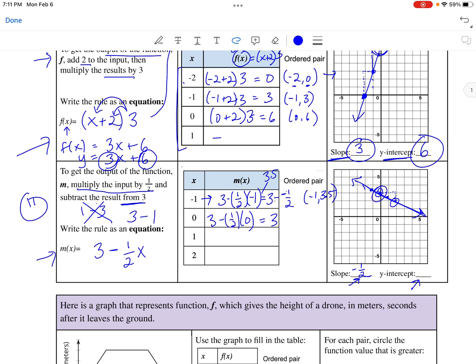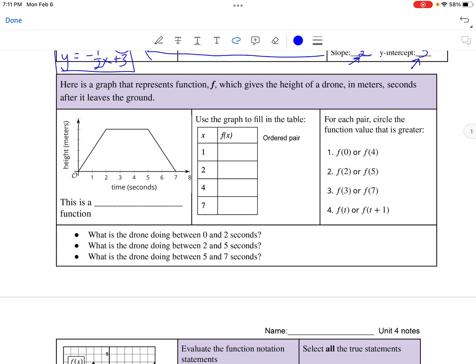And then the y-intercept is this point, it's 3. From our equation, we can also see this. The slope is the term multiplied to the x, and the y-intercept is just the integer. We could rewrite this as y equals -1/2 x plus 3. That would look a little more like slope-intercept form for us.